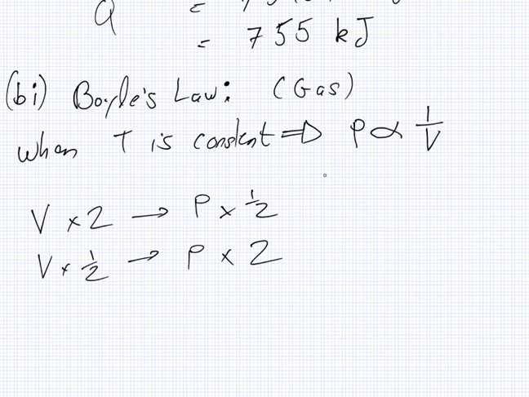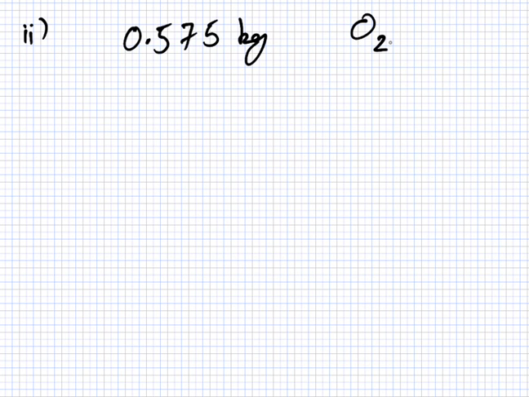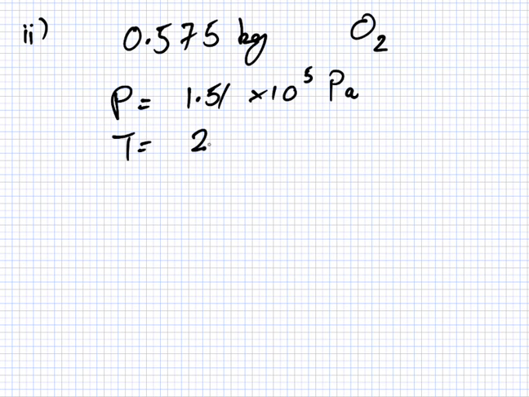Now you should like the second part. It should remind you of chemistry. Part 2 here. You have 0.575 kilograms of oxygen. Is oxygen one of the 7 diatomics? It is, isn't it? And the pressure is 1.51 times 10 to the 5 pascals, and the temperature is 283 Kelvin.